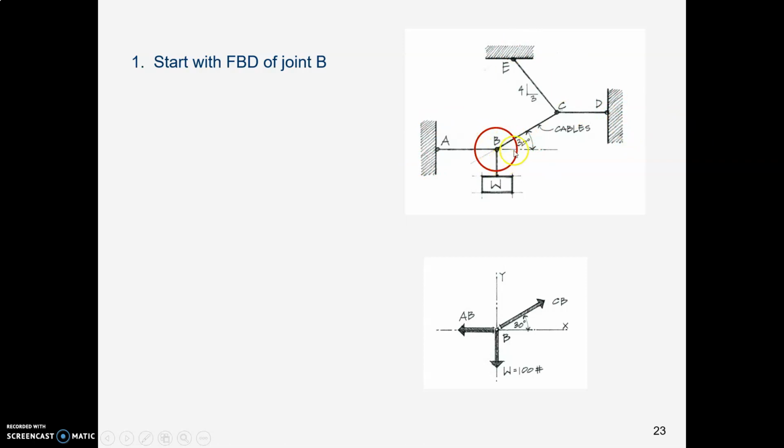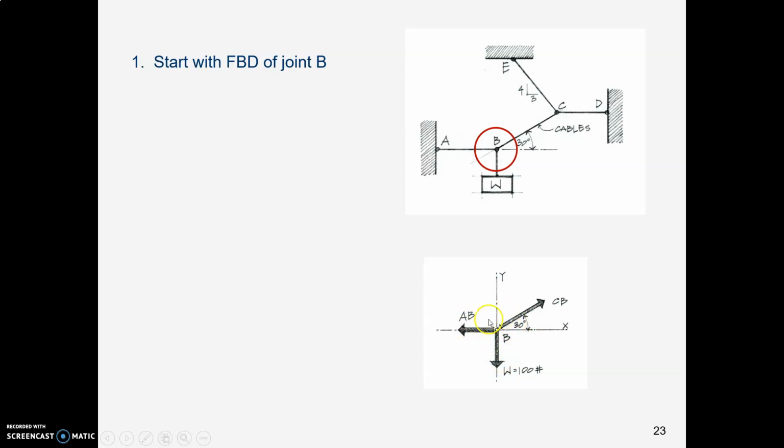Just look at joint B. And when you do that, you can draw a free body diagram at B. Thinking about what's happening with the weight pulling down and the other cables pulling, you might recognize that every one of those three cables must be in tension. So that means those forces must be pulling away, every one of them.